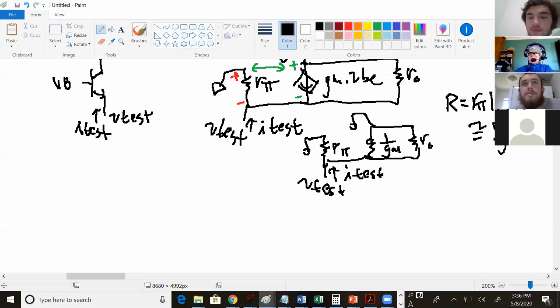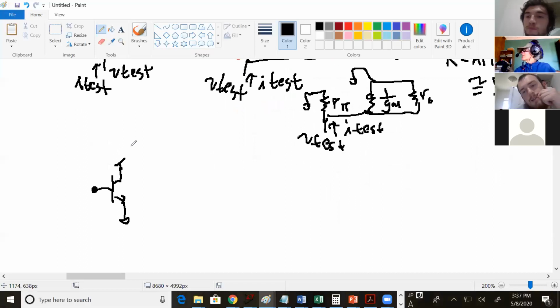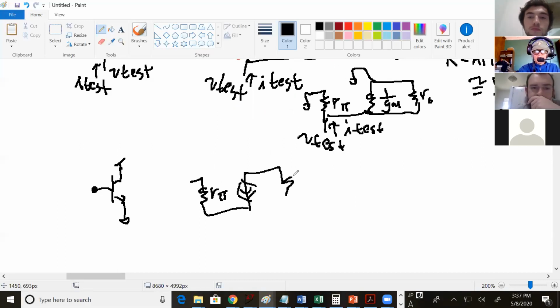So let's do it real quick since we're so far ahead. We've got our transistor and we're trying to find the resistance here, so you assume voltages on these two terminals that put it in the forward active region. Same steps, your R pi. This is grounded.